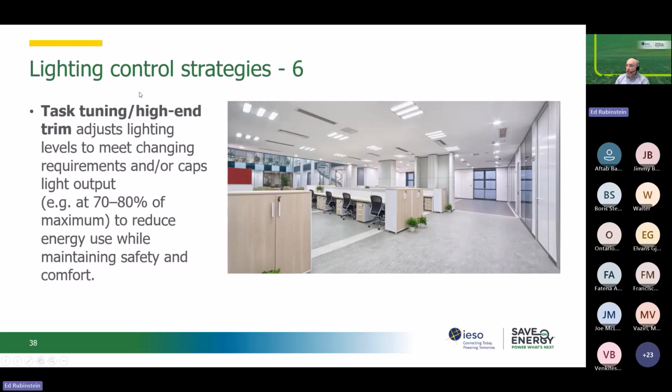Task tuning and high-end trim, right? So you could cap lighting output. This is an interesting one. We did this in many areas where we had the ability to dim lights, and we capped it because the area was overlit. We had these bulbs in, and we couldn't find a better lamp, so we would dim those lights.